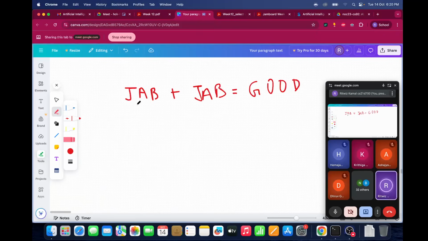What is the maximum value that we can assign to this JAB if we were not given the constraint of this equation being satisfied? The maximum value that J could have is 9, because we want the number to be as high as possible. Because 9 is already assigned, we could give 8 to A and 7 to B. 987 is the maximum that we could do without looking at the GOOD part of the equation.